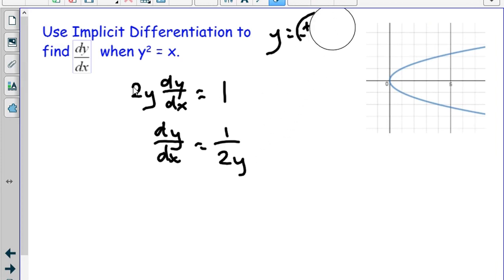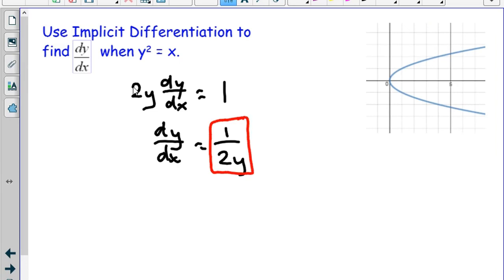But it's way easier to do this problem as an implicit problem, because now if I take this as my dy dx, I can look at all of my y values where y squared is equal to x, and then I can get appropriate answers. For example, earlier we had x equals 1 and x equals 4.